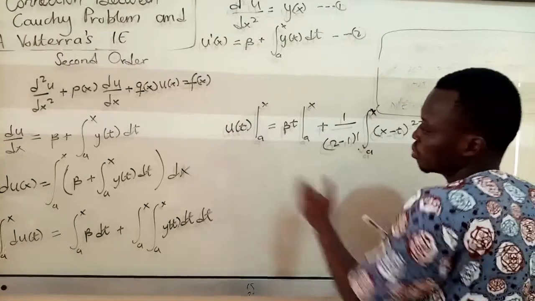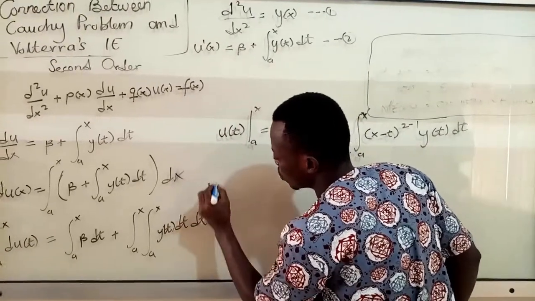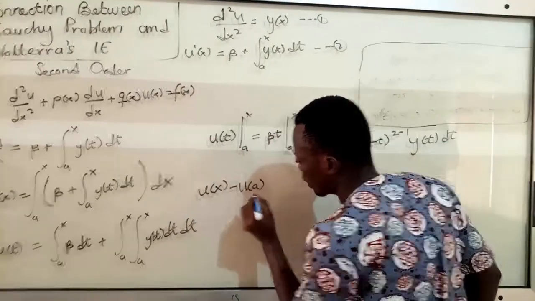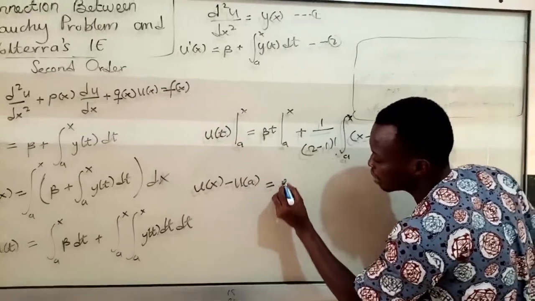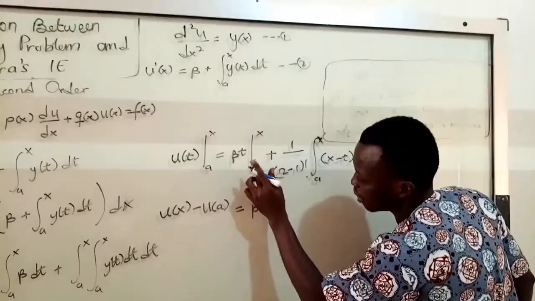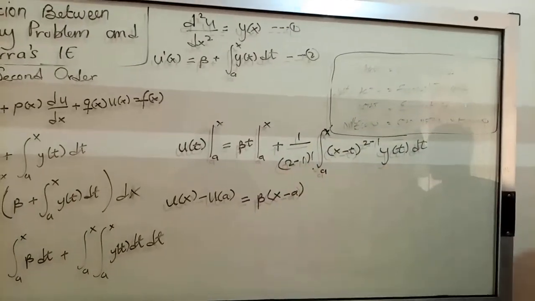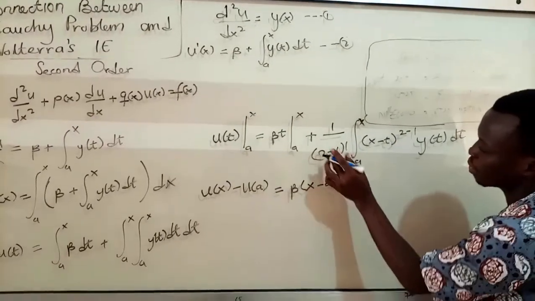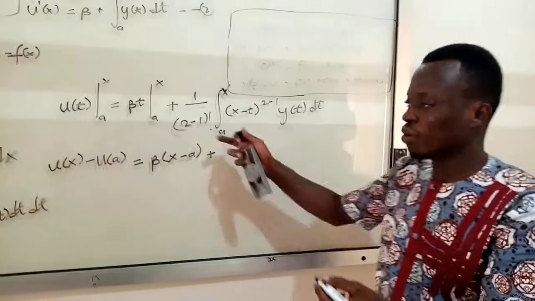This side, we are going to have u of s minus u of a equal to beta times the bracket s minus a, plus, here 2 minus 1 is the same as 1 factorial, and 1 factorial is the same as 1. So 1 over 1 is the same as 1.